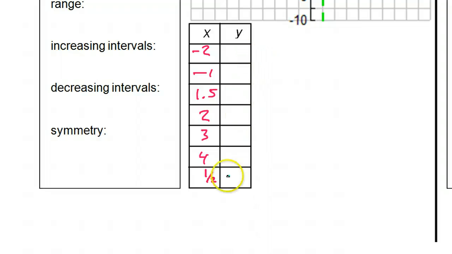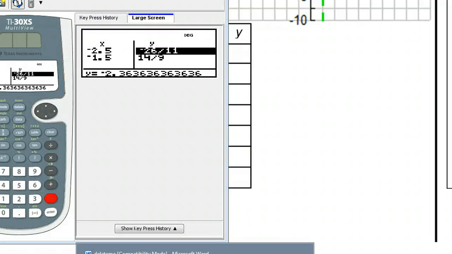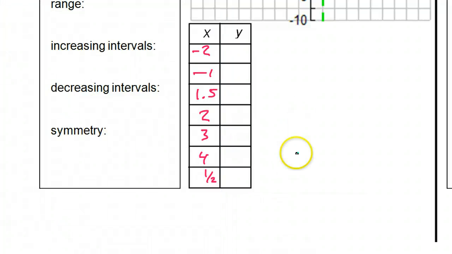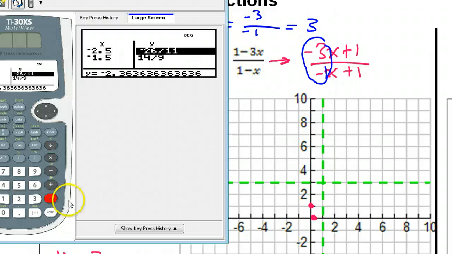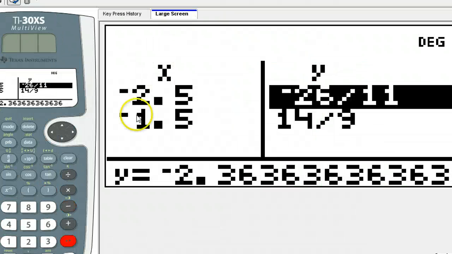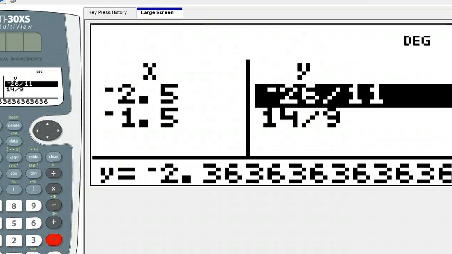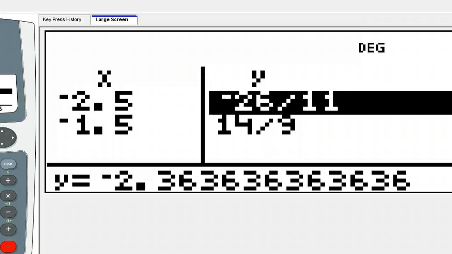I'm going to evaluate these off camera, but let me just show you a couple of things though. I'm going to use the calculator. So the function here is 1 minus 3x over 1 minus x. Let me just pull this over a little bit.